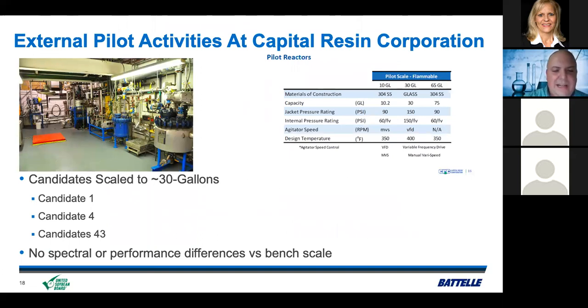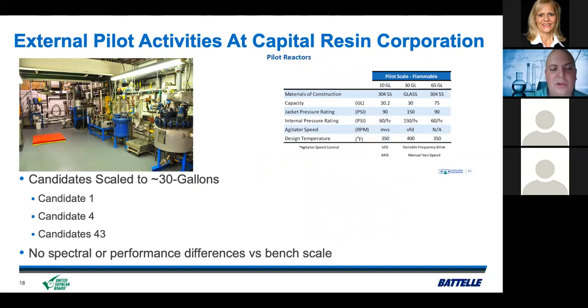So this is great in our hands and at the bench scale, but we needed to prove that it could be taken in other people's hands and increase scale. So Capital Resin Corp in Columbus, Ohio, which is where Patel is located, had scaled this material up to 30 gallons. They took candidate 1, candidate 4, and candidate 43.